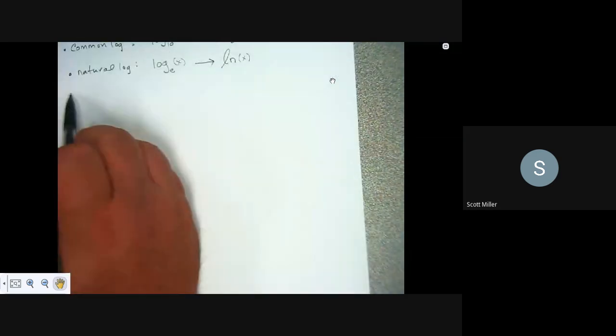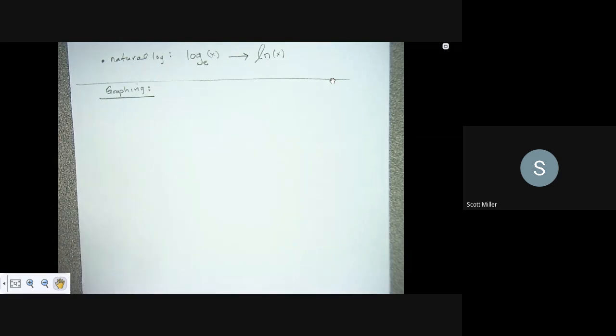Now, let's talk about how to graph. This first unit here, 2.3, is about identifying logs and graphing.